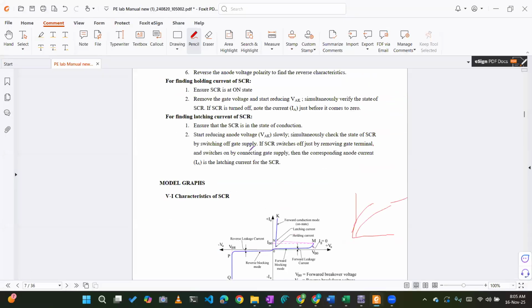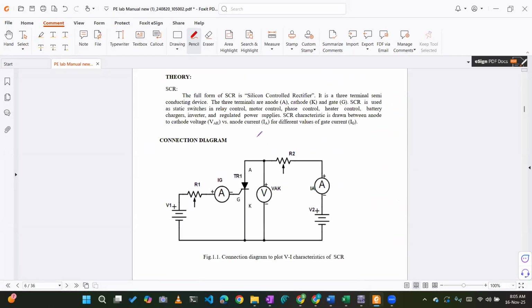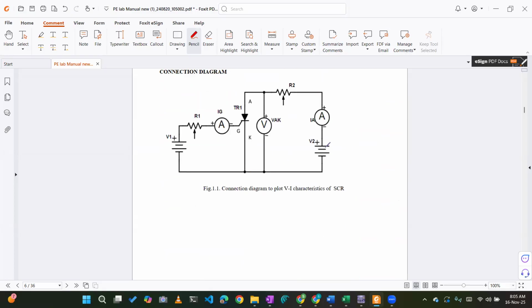What is the circuit configuration to get the waveform? You are measuring the voltage at the switch terminal, anode cathode, and you are checking the current through the anode. So you can show what are the things that you have to measure in the circuit itself.